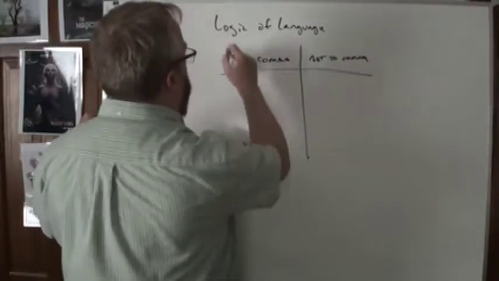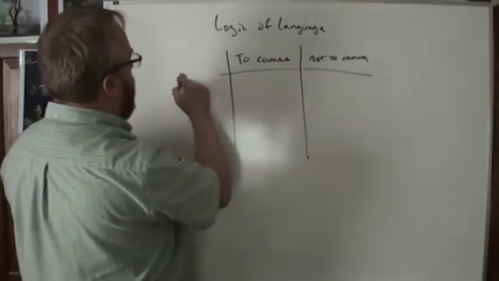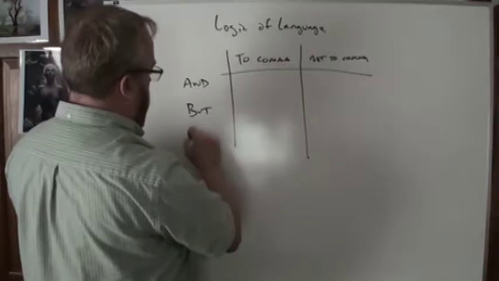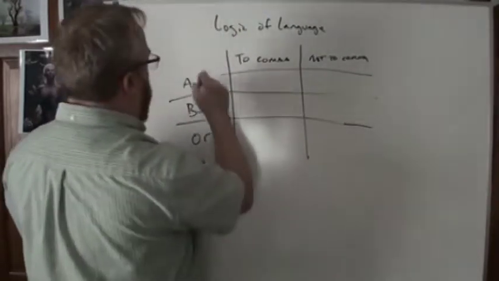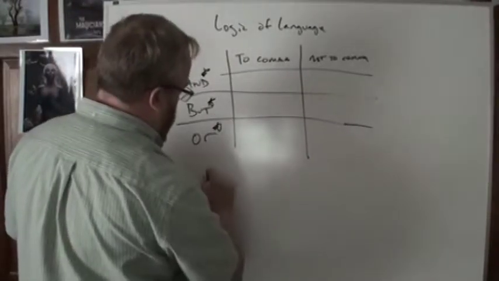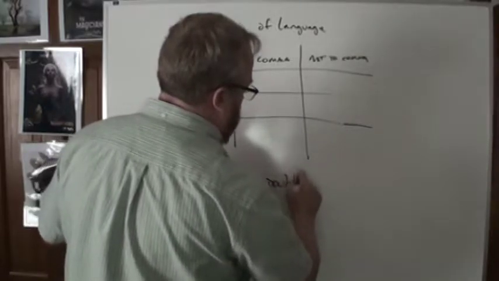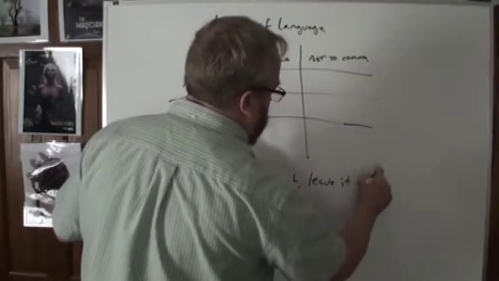On the vertical side, the column side, we've got "and," "but," and "or," and then we create our chart. In all cases, our advice is: when in doubt, leave it out, period.